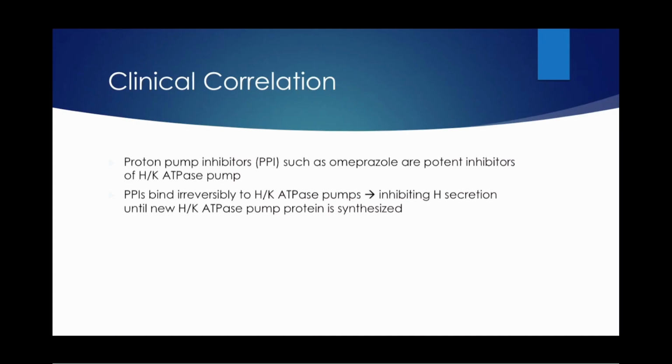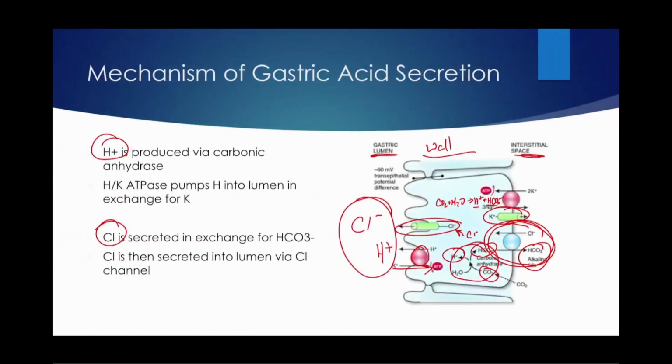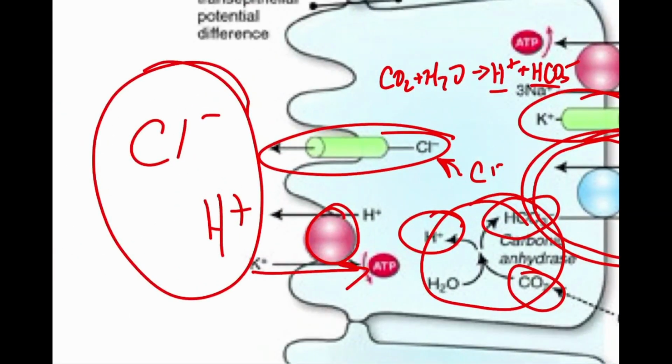If you inhibit that, is hydrogen going to get into the stomach? No. Therefore, you reduce hydrochloric acid. That's how PPIs work. They're blocking the proton pump, so hydrogen can't get in and you can't make hydrochloric acid.